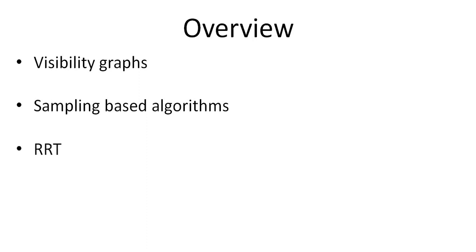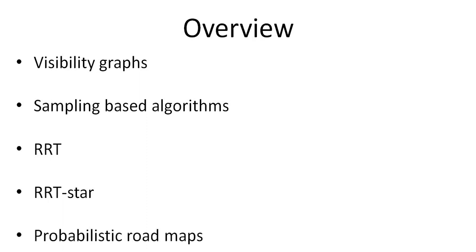We shall see how the RRT algorithm, or rapidly exploring random trees, work. They are one of the types of sampling-based algorithms, and today we shall see how they find the shortest path. Next we shall talk about the RRT star algorithm, which is a variant of the RRT algorithm that gives an optimal solution, or you can say a comparatively optimal solution.